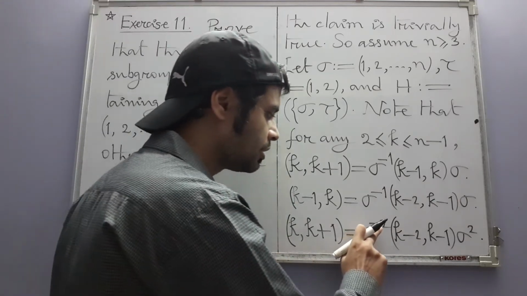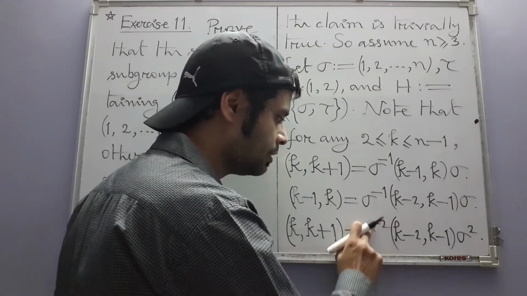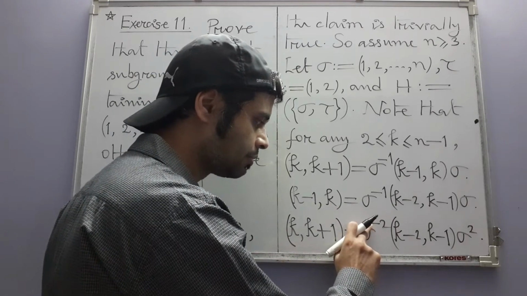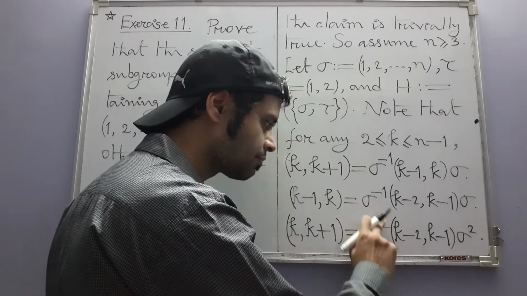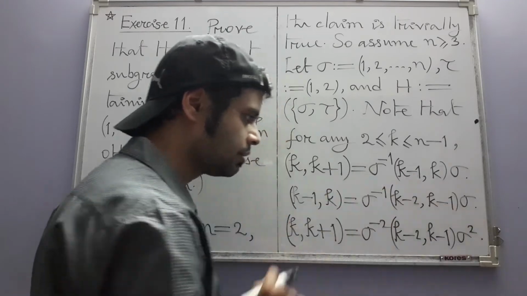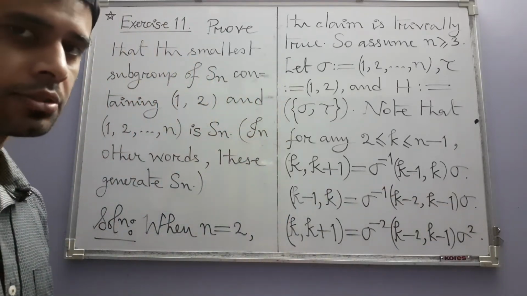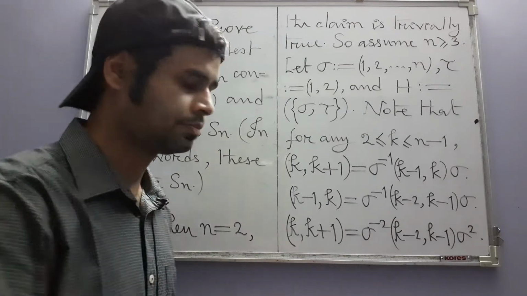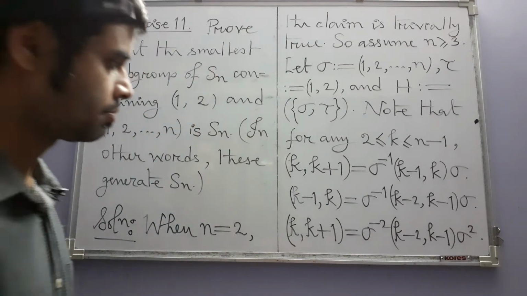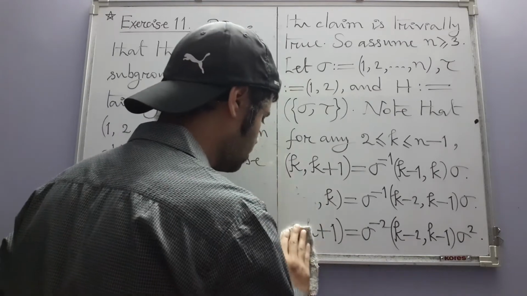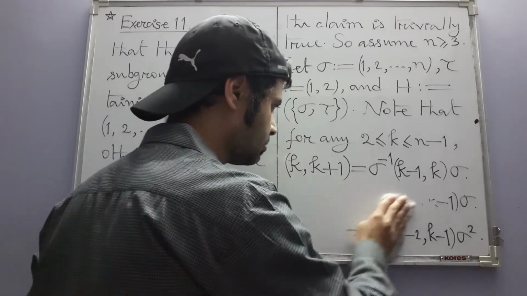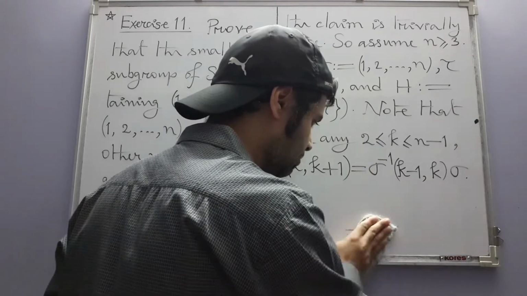But correspondingly, what shall you need here in the exponent? In that case, you will have to have minus of k minus 1 here, and k minus 1 here. So that's the thing we are next going to write. Let me just write it and then you will understand what I was talking about.